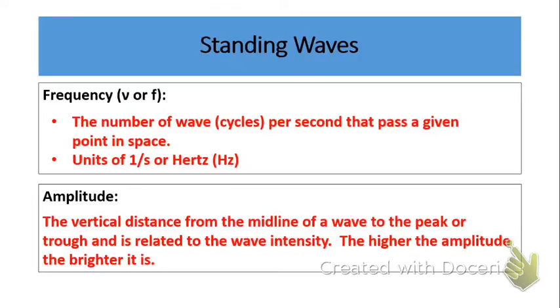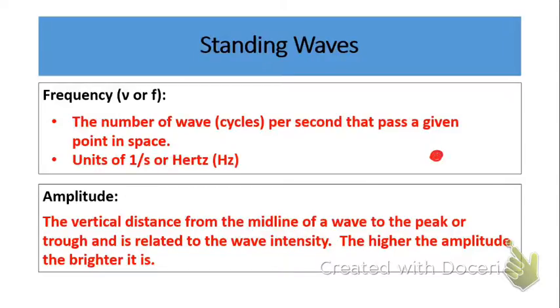All right. Another characteristic of standing waves is frequency. Frequency is simply the number of waves or cycles that pass a given point in every second. All right. So, for instance, say I have a point in space here.